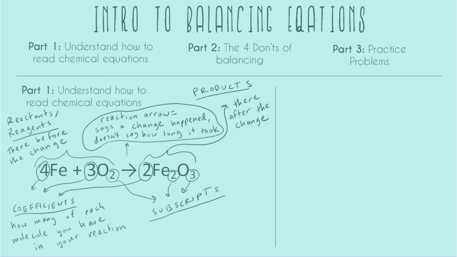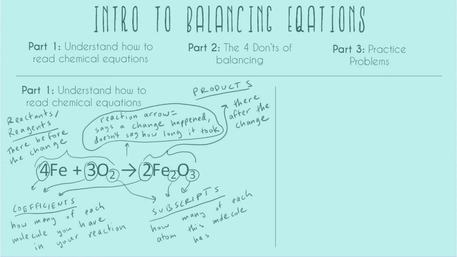And this tells us how many of each atom we have in that particular molecule. So that means we can see that our O2 molecule consists of 2 oxygen atoms, and our iron oxide molecule, every single one has to have 2 irons and 3 oxygens.